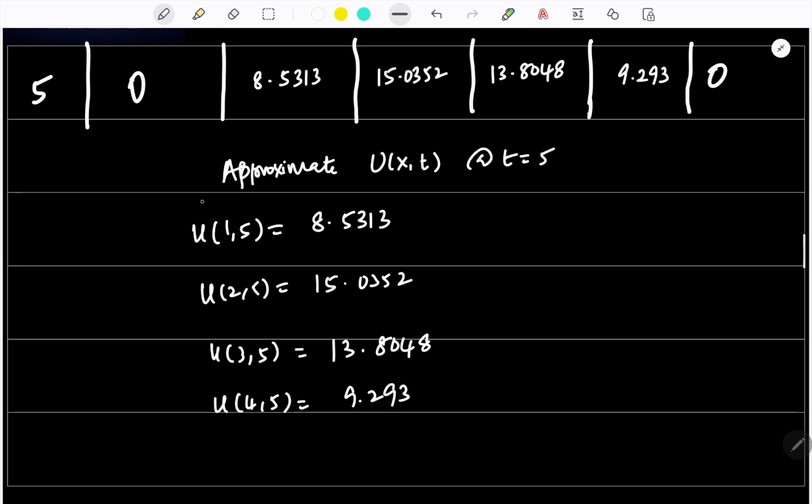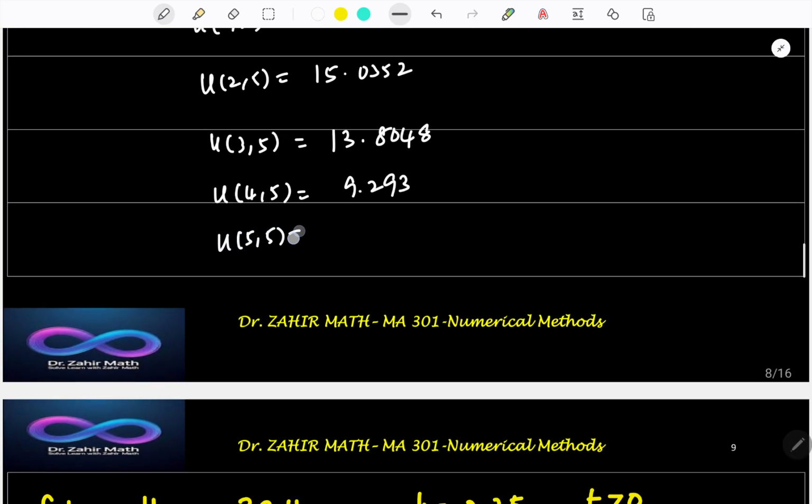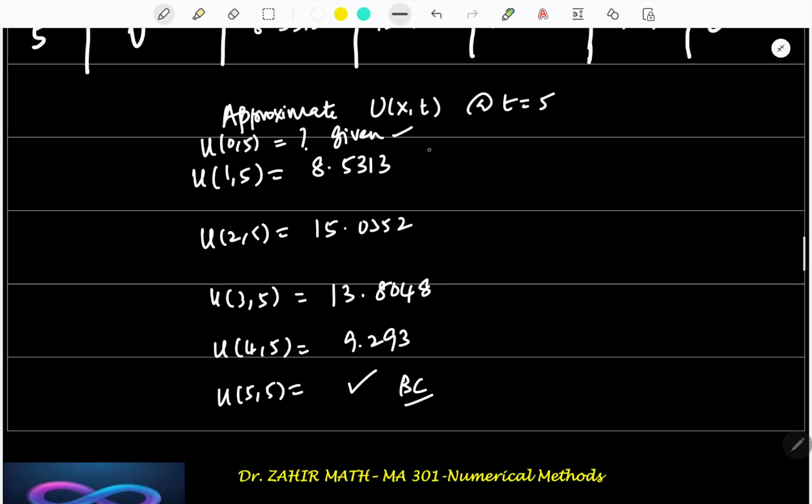Why, teacher, did you not write u of 0 comma 5? Because it's already given in the question as a boundary condition, and u of 5 comma 5 is also given in the boundary condition. So no need to write. So these are your final answers.